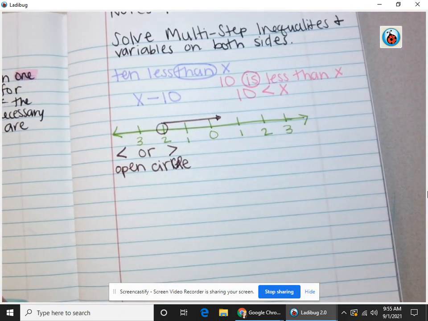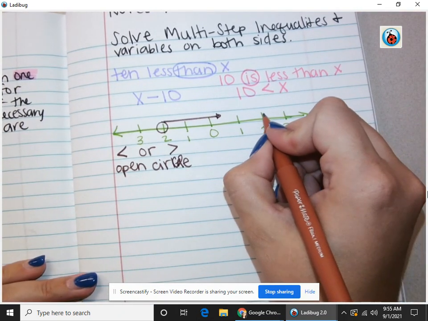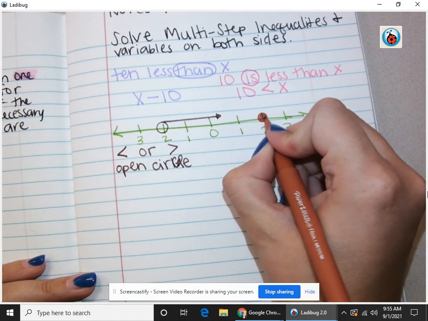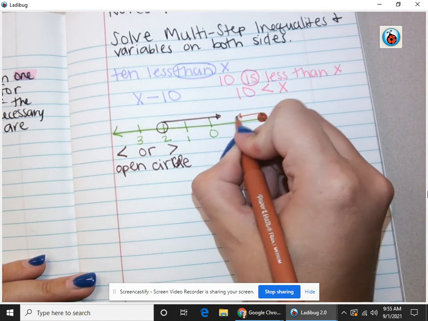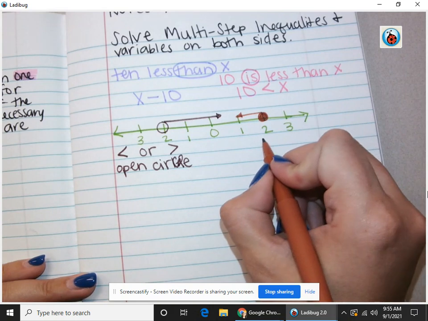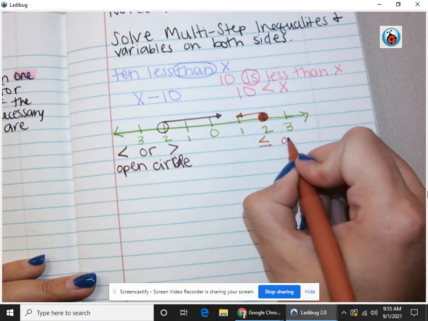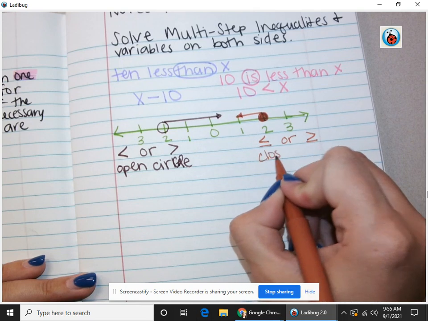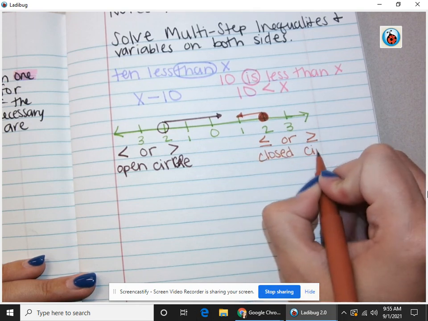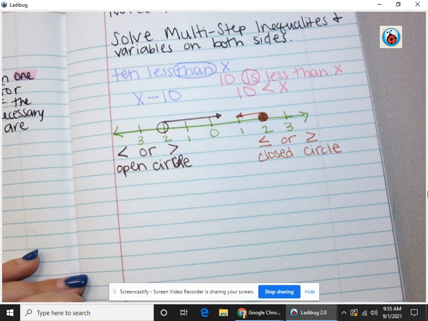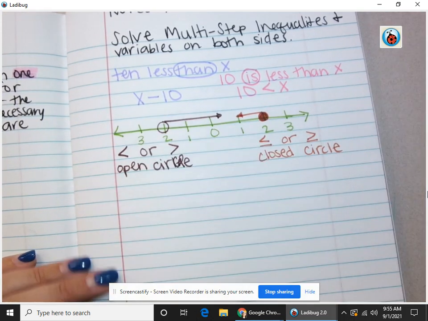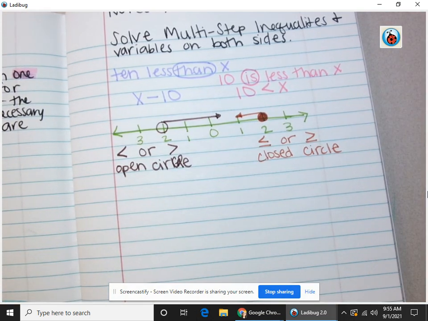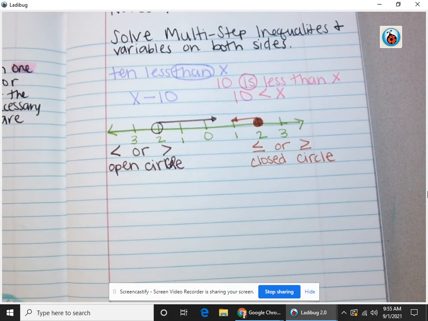We could also have a closed circle, which I've already said is going to have that equal sign of less than or equal to or greater than or equal to with a closed circle. Are there any questions about any of that right now? No. Okay.